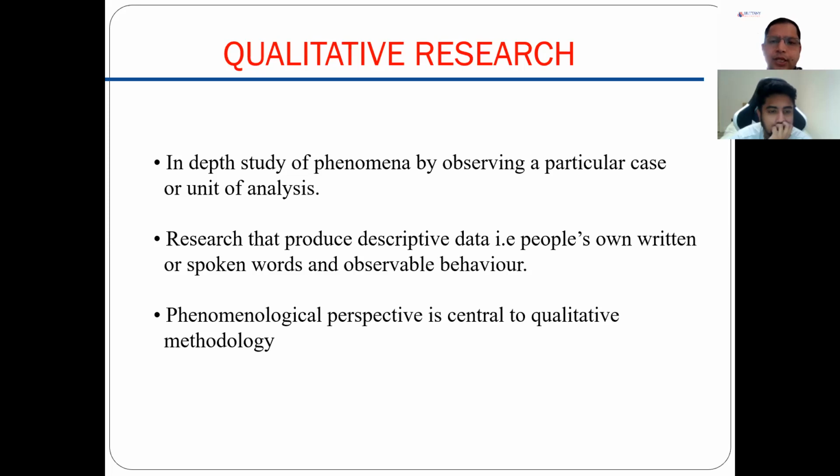The researcher produces descriptive data: people's own written or spoken words, observation or interviews. The phenomenological perspective is central to qualitative methodology. So while dealing with quantitative, it deals with data, figures, facts. But with qualitative, it is the process, observation, interview. Then you finalize and identify your problem.